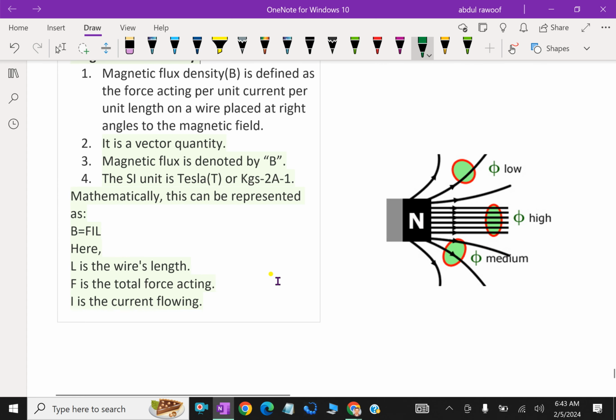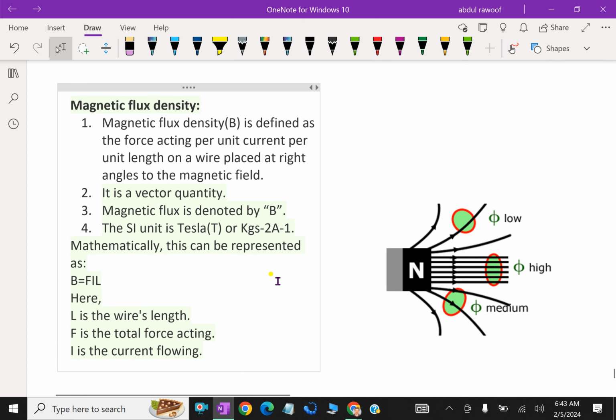Next, magnetic flux density. A magnetic flux density B is defined as the force acting per unit current per unit length of a wire placed at right angles to the magnetic field.